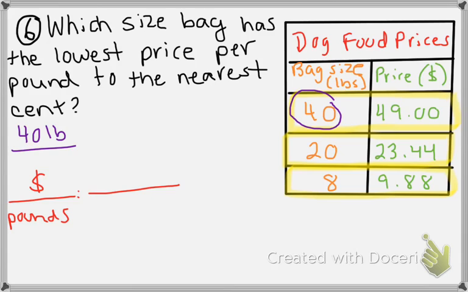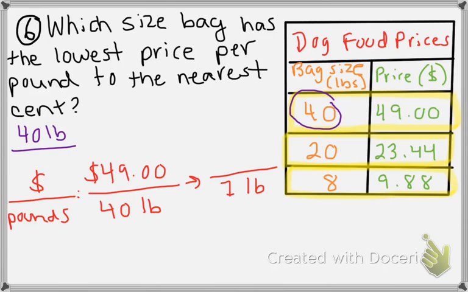Okay, so $49 for a 40 pound, I'll do LB for pounds, bag of dog food. And again, we want to go from 40 pounds to 1 pound. What number divided by 40 gives you 1? 40. Whatever you do to the bottom, you do to the top. Now I'm going to go on another page because I don't think I'm going to have enough room.